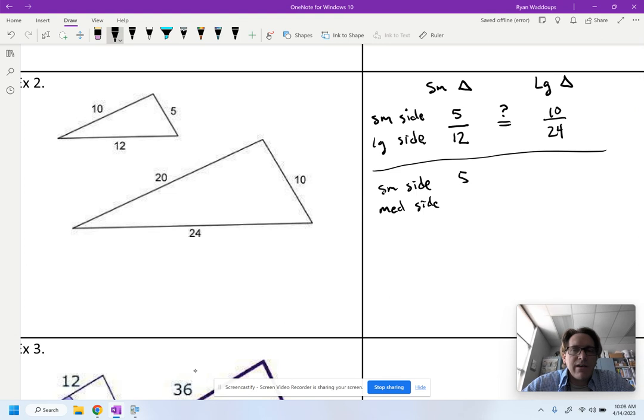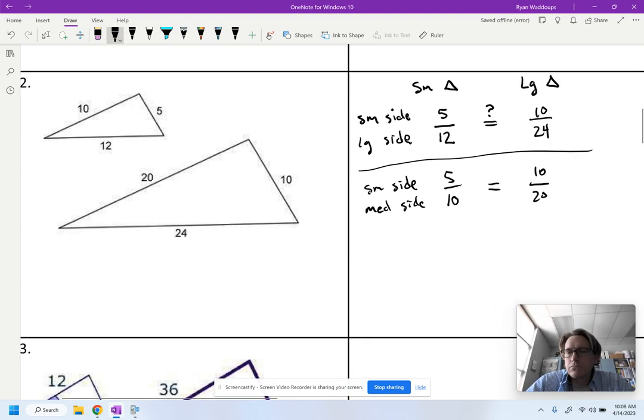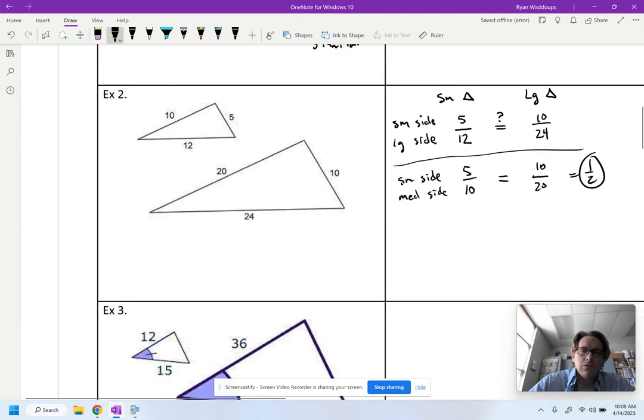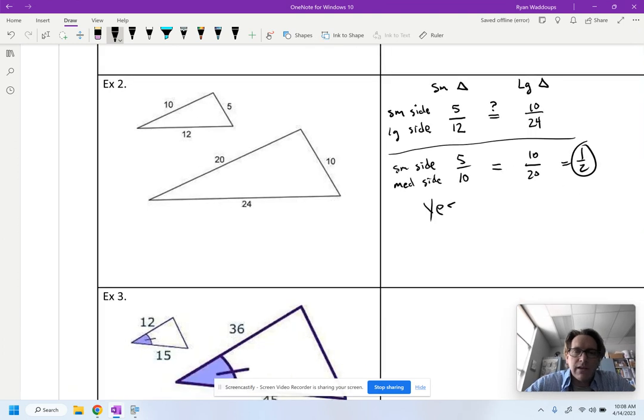The small side is 5, the medium side is 10. On the larger triangle, the small side is 10, and the medium side is, not 24, 20. And both 5/10 and 10/20 simplify to 1/2. So sure enough, again, yes, these are similar.